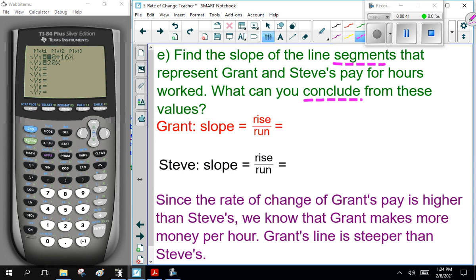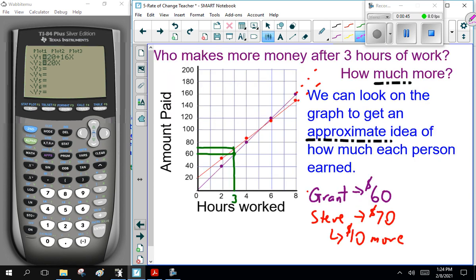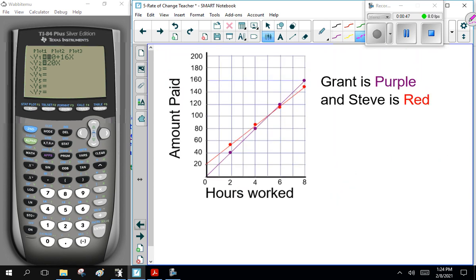Now, Grant, let's go back to this graph. Here's a nice one. Grant's is purple. So we're looking for rise over run. I'm arbitrarily going to choose any two points on the straight line, this one and this one, because I can. Here we're going from 40 to 80, so my rise is 80 minus 40, which is 40.